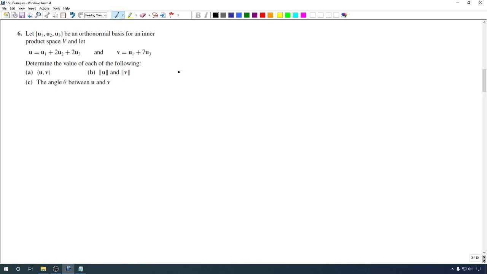Now, because we have an orthonormal basis, we can calculate this the same way we would if u and v were just vectors in R3. So remember what our coordinate vectors are. If we call this basis E, the coordinate vector of u is 1, 2, 2. The coordinate vector for v, well, we don't have a u2 in there, so we have to use a 0 for it, but we have 1, 0, 7.